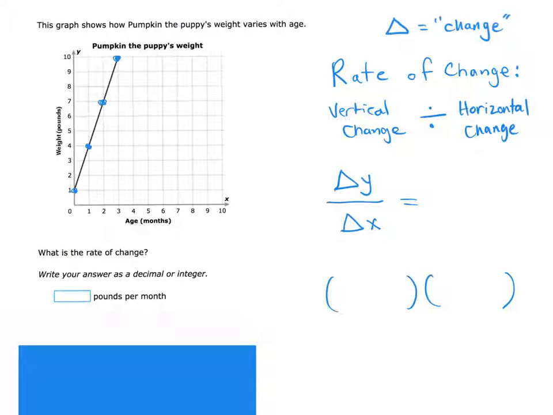It doesn't matter which 2 points I use, because the line is totally straight. I could use any combination. It's always easiest to use the simplest and smallest numbers possible, so I'm going to use the first one, 0, 1, and then this one, which is 1, 4.